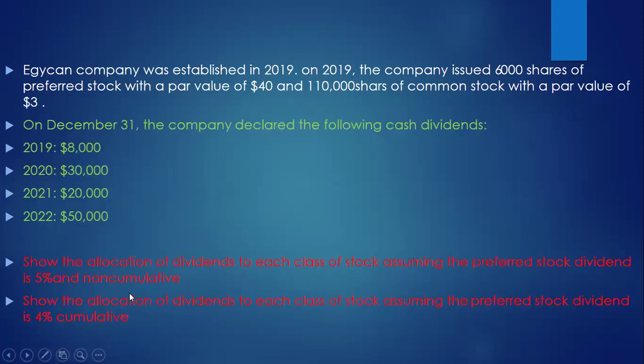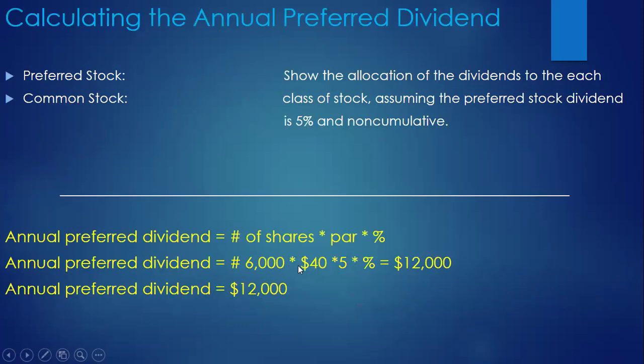Now we're going to work with preferred, the annual preferred dividends based on 5%. Why? This is given information, 5% non-cumulative. So 5% of that number is 12,000. 6,000 times 40 equals 200, I'm sorry, 240,000. 240,000 times 5% equals 12,000. So being a preferred stockholder with 5% non-cumulative, you're eligible to get 12,000.